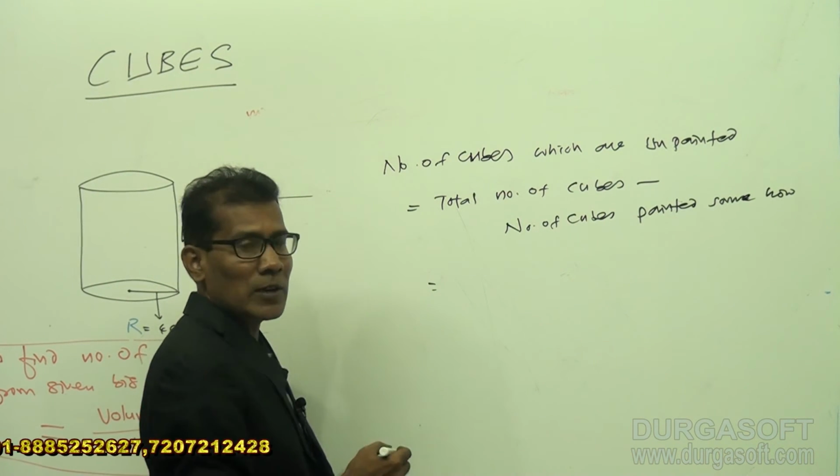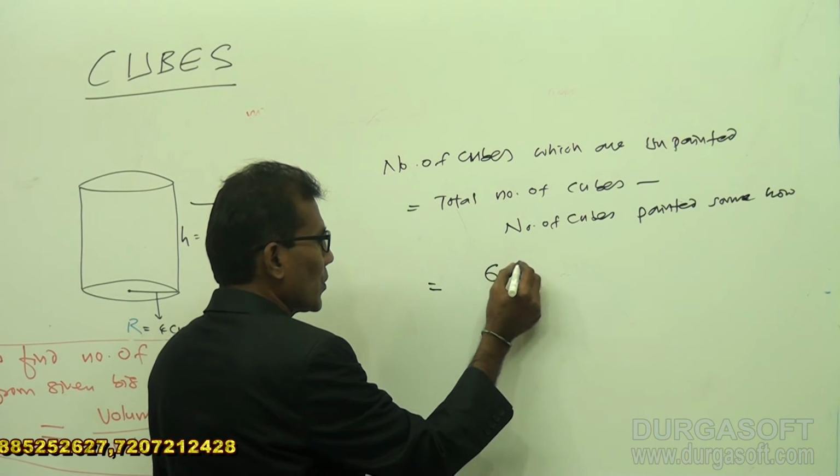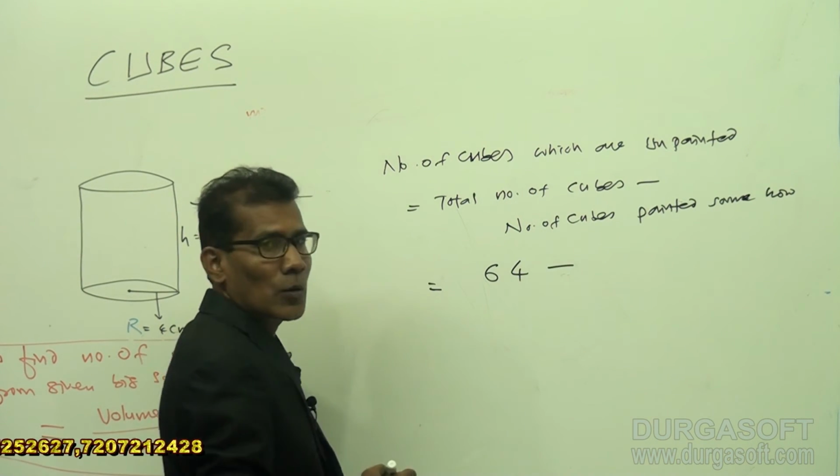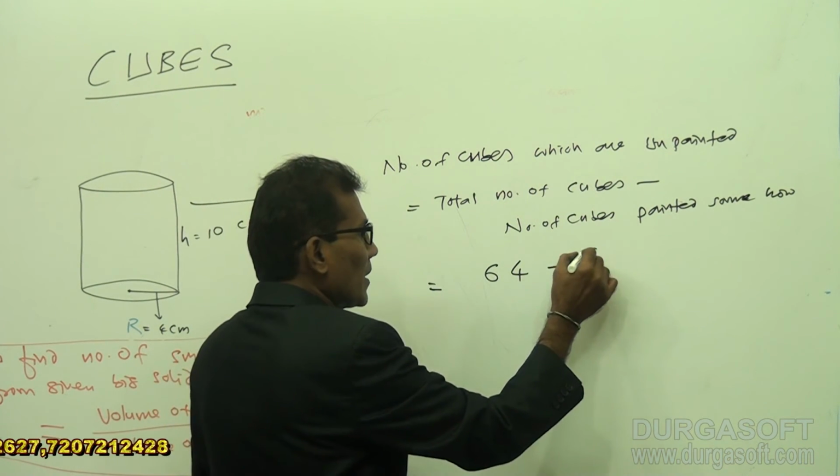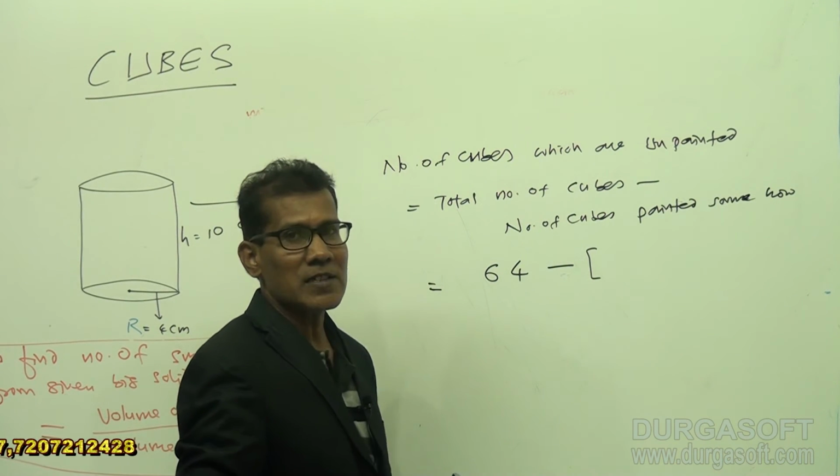So what is the total number of cubes we have? That is 64. Minus, the only thing we need to find is how many cubes are painted somehow.